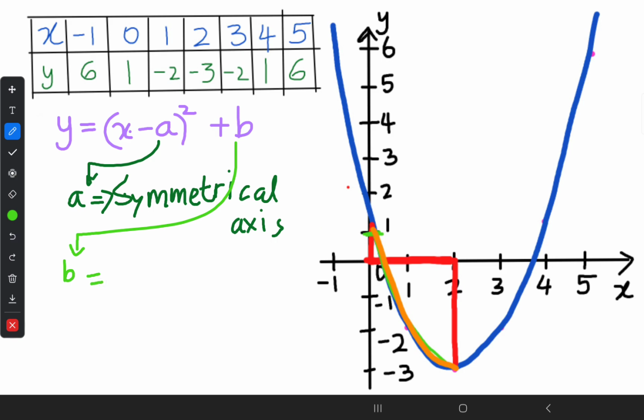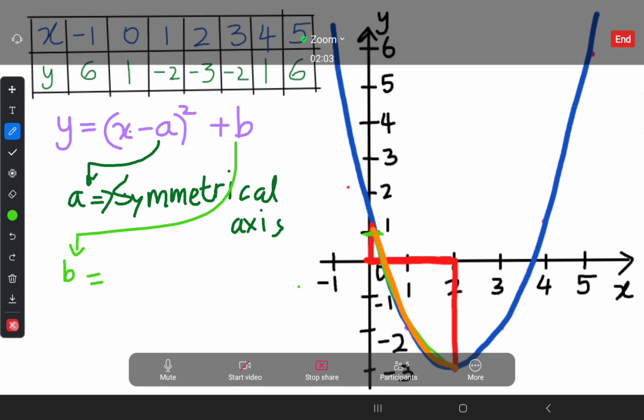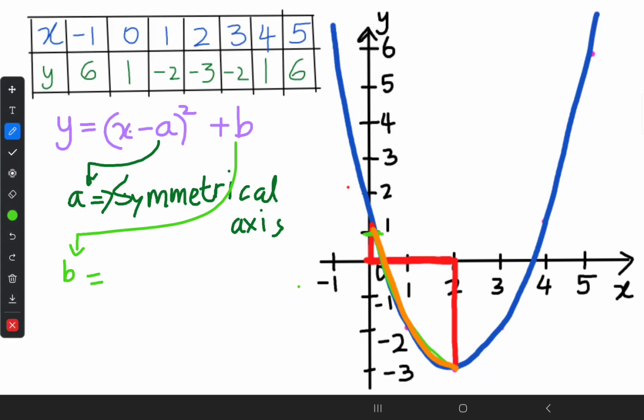In this formula, y equals x minus a whole square plus b, this is very important. A is indicating whether it is a positive parabola or negative parabola, that does not matter. A is indicating the symmetrical axis of this particular given function. B is indicating the least point.